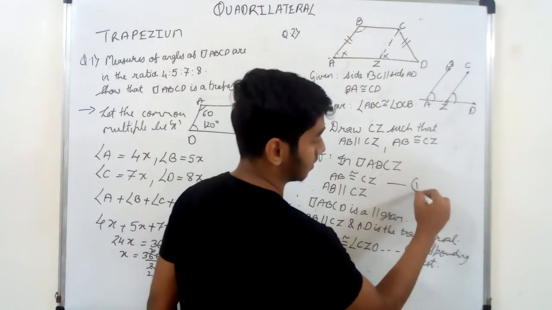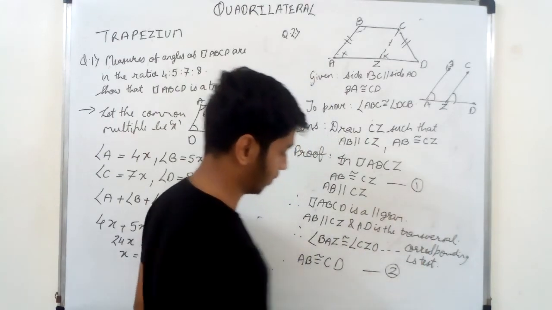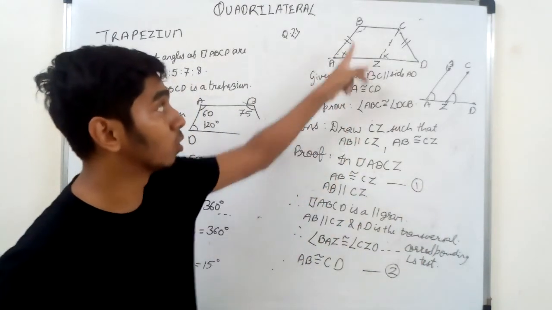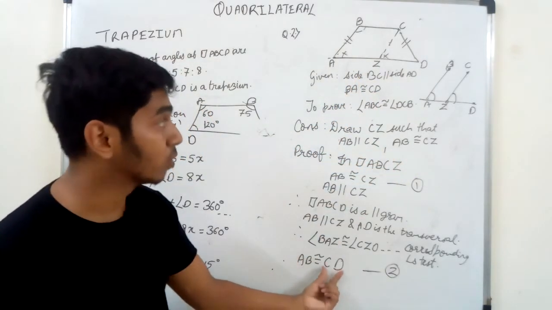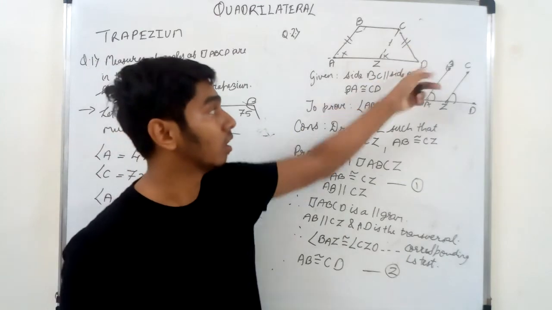So let's name this as 1 and this as 2. AB is congruent to CZ from construction and AB is congruent to CD, which is given already.